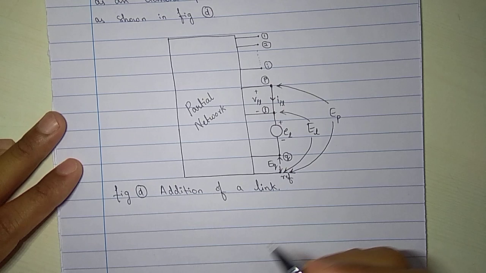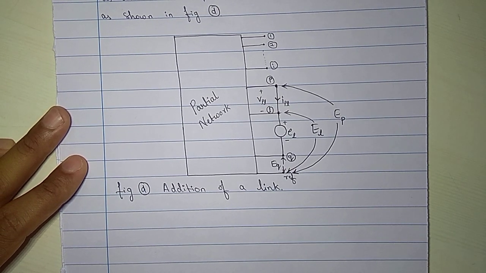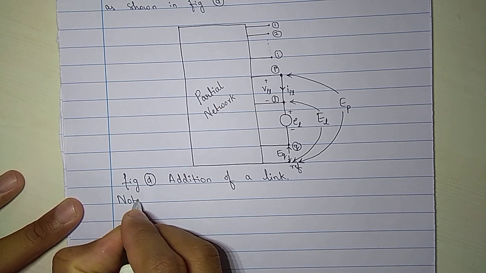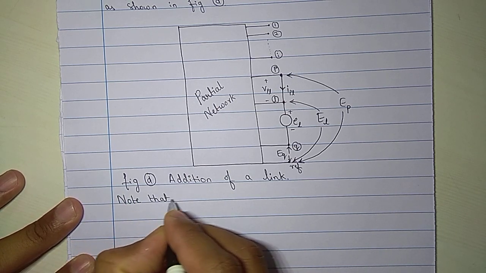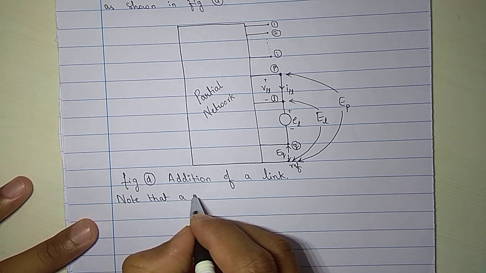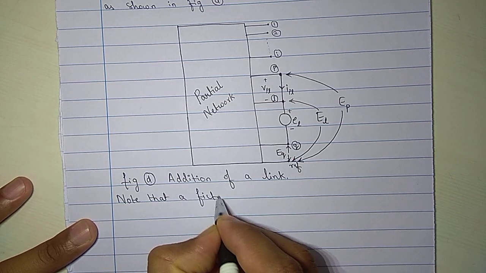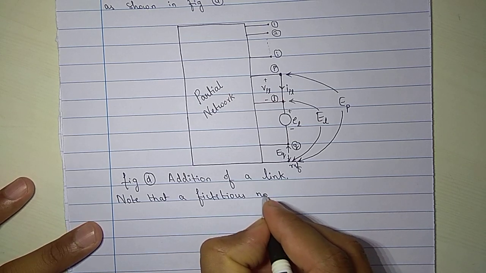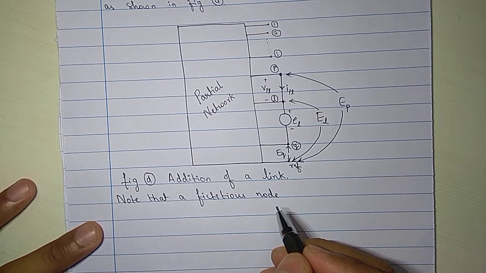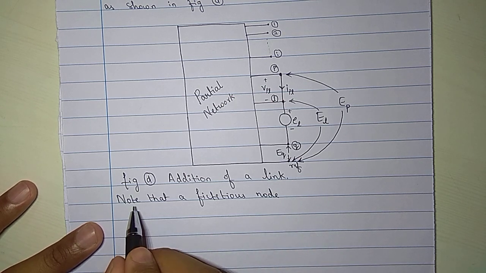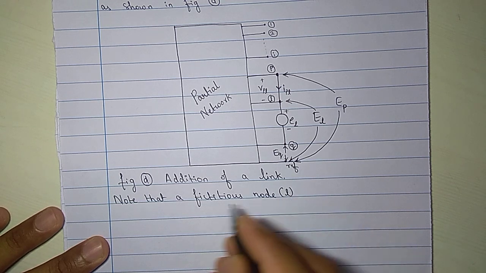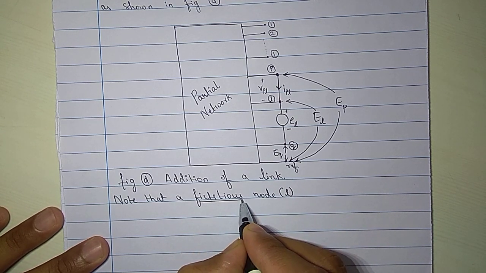Okay, so now I'll write a sentence. Note that I'm solving this derivation a bit slowly because this is confusing. So try to understand this while I explain. It is a bit confusing. Note that a fictitious node L, fictitious means this is imaginary, or this is temporary.